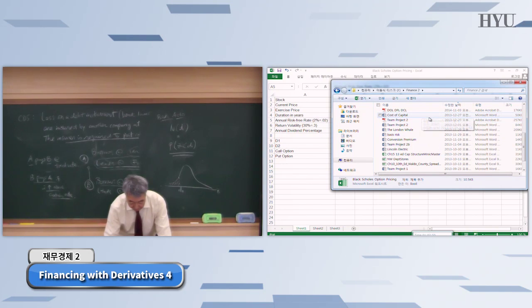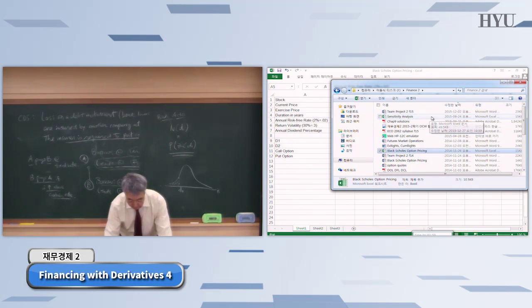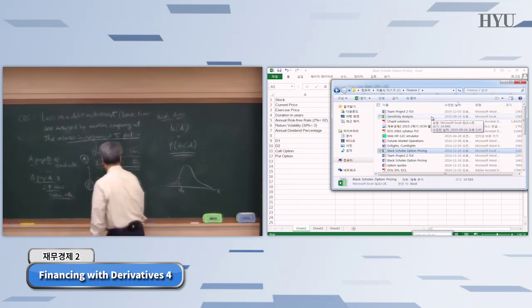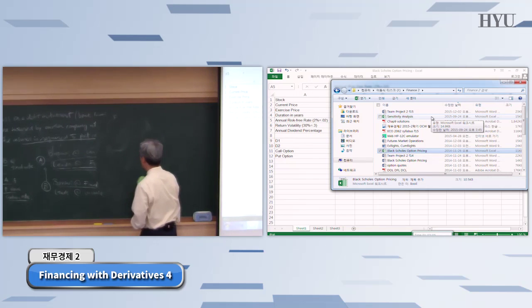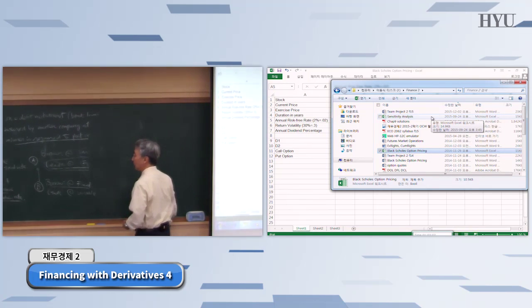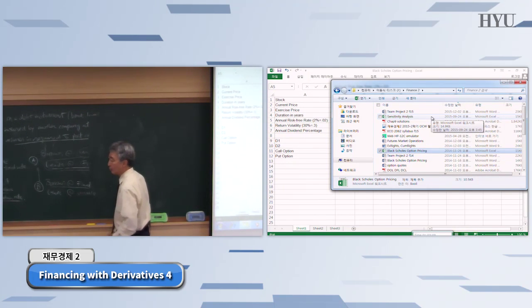I have it in Finance 1, I believe. Just download, let's say, the last 3 years. You can do daily or monthly, whatever, it doesn't matter.